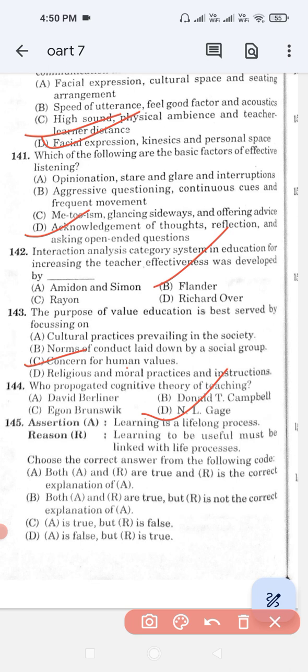Option A, both A and R true and R is the correct explanation of A. Option B, both A and R true but R is not the correct explanation of A. Option C, A is true but R is false. Option D, A is false but R is true. So which one is the correct answer? Option A, both A and R true and R is the correct explanation of A. Option A is the correct answer.